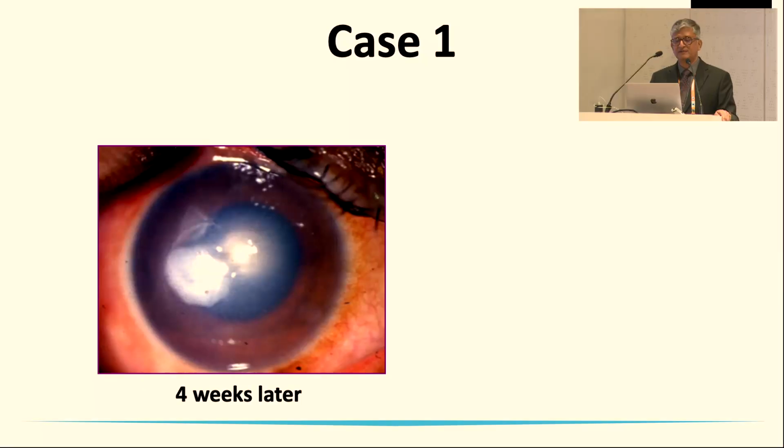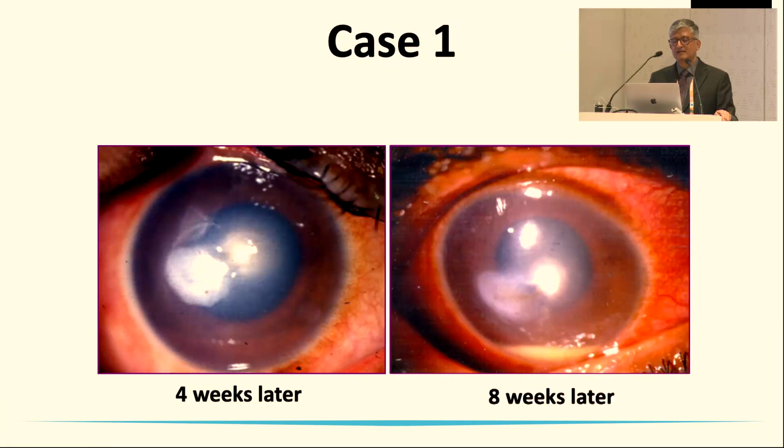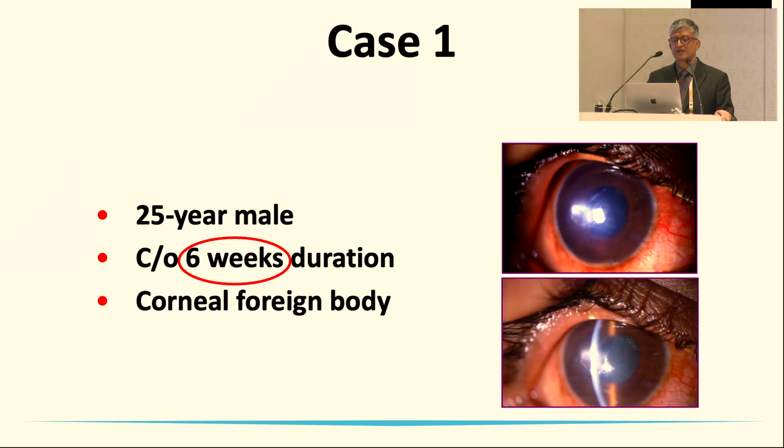You can see some scarring, but then 4 weeks later there was renewed activity at the central edge of the infiltrate. We switched antibiotic to cefazolin and tobramycin. Patient showed some response further, and then this lesion again reappeared, and that made us nervous as to what is happening. Why is this patient not responding to treatment?